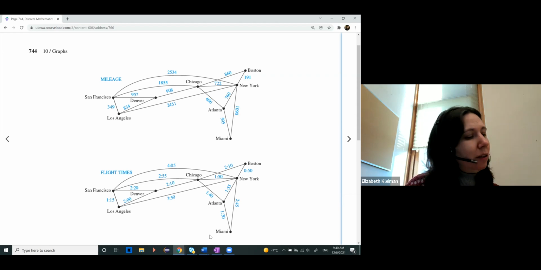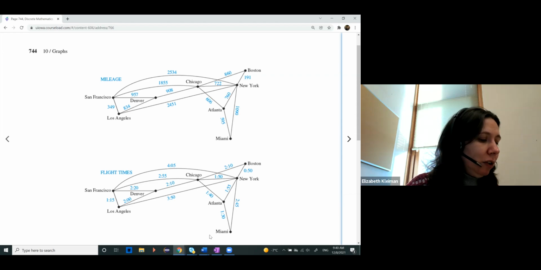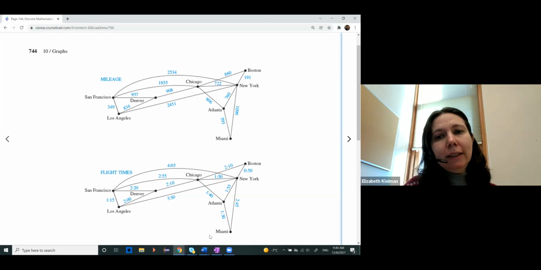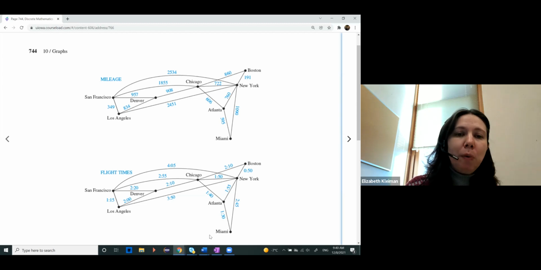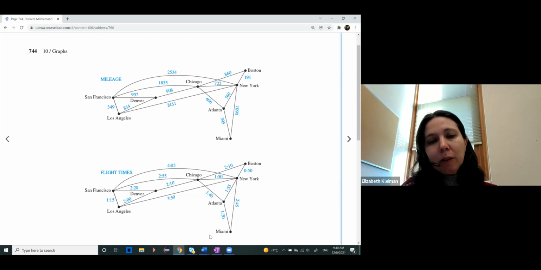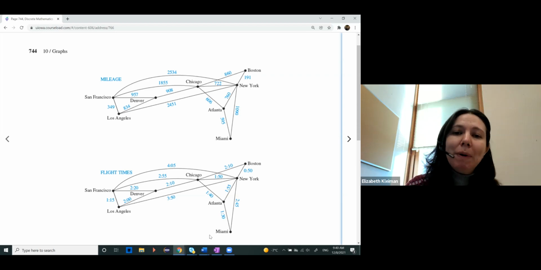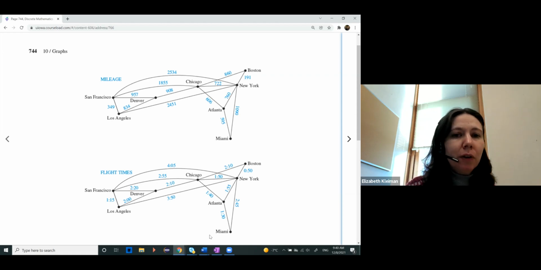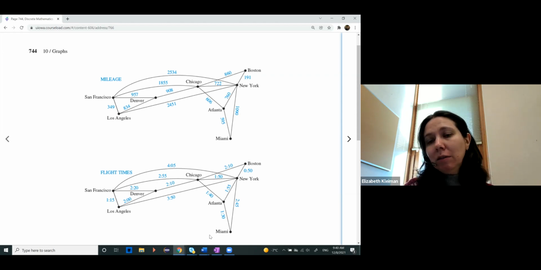So now let me introduce to you a new interesting problem. The interesting problem is, what is the shortest path between two vertices? What is the best way, the shortest path for me to get from San Francisco, for example, to Miami?